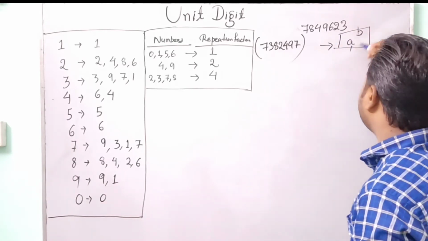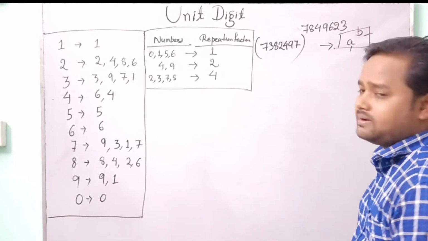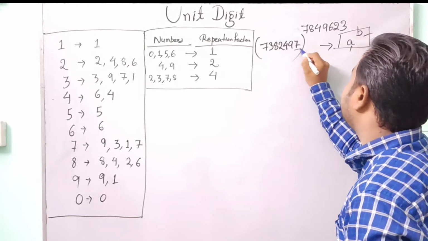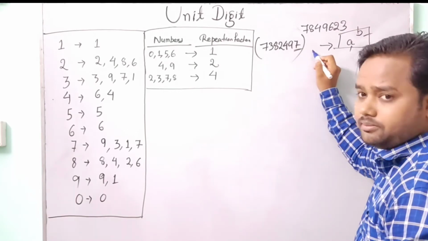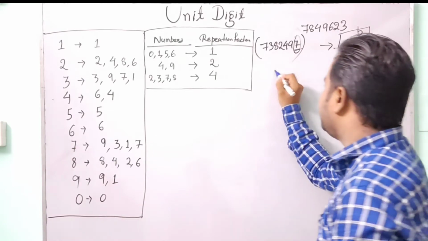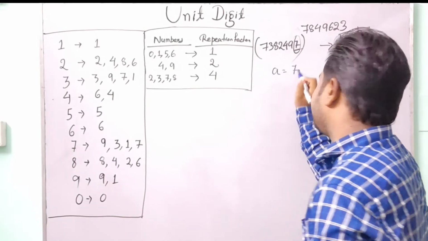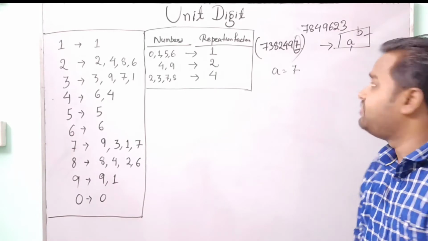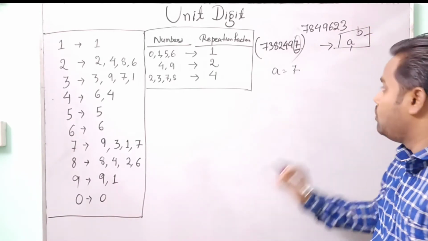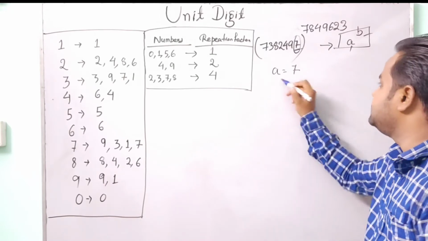So what is a and what is b? First, a is the unit digit of the number. In the larger number, the unit digit here is 7, which is denoted as a. So a is equal to 7. Now we go for b. Before finding b, we have to check the repetition factor of a.